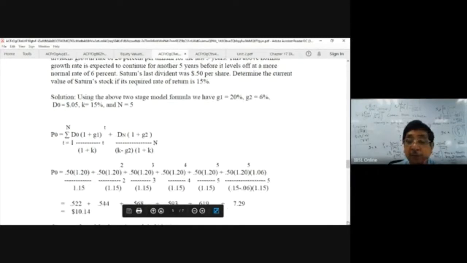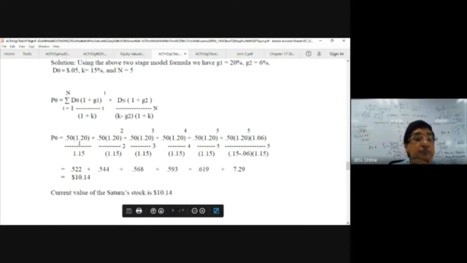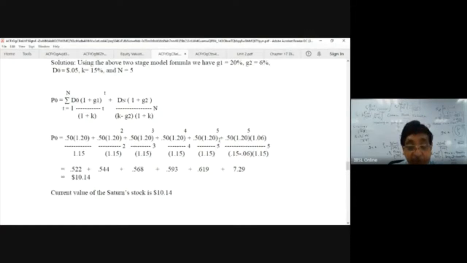Here, the answer is given. Now I started with this. This is the first year cash flow, second year cash flow, third year cash flow, fourth year cash flow, and 5th year cash flow. On the 5th year, we assume that the stock is sold.